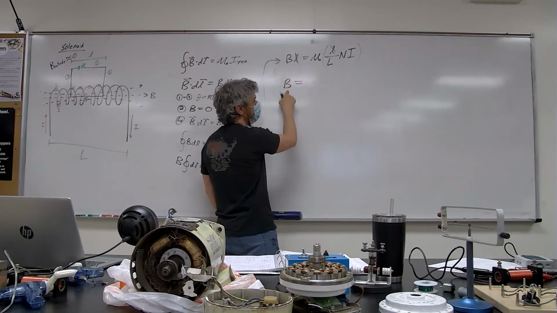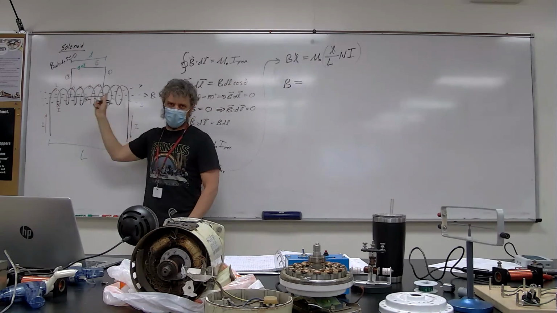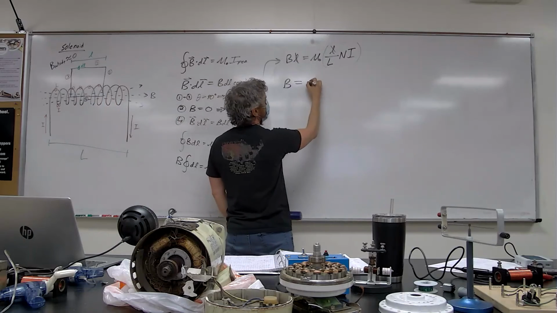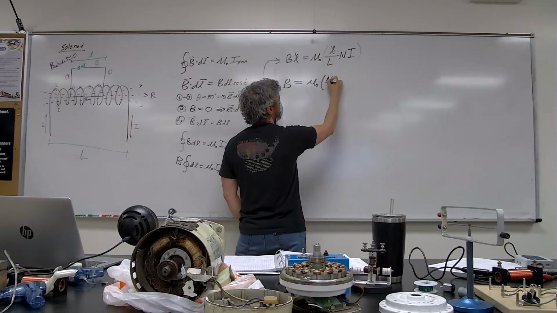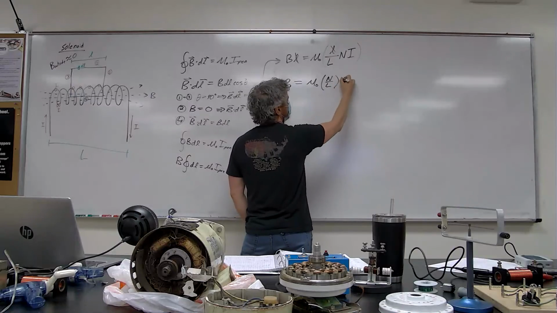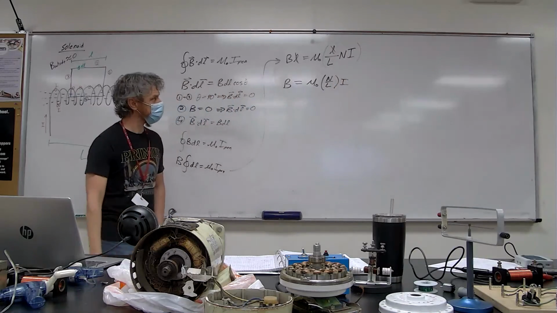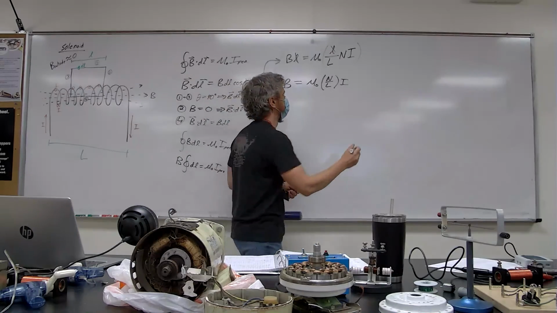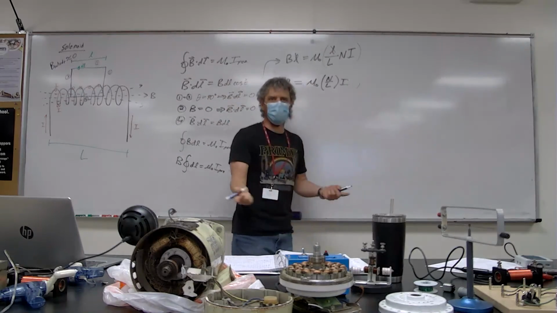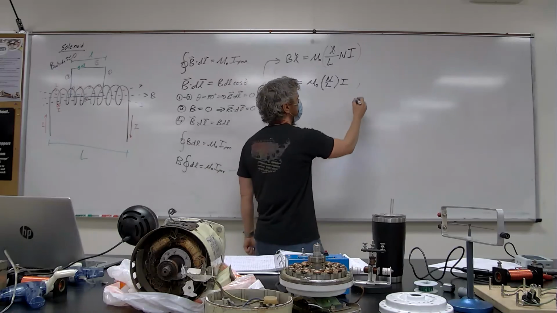So the magnetic field strength in the center of a solenoid is going to be mu naught, and I'm going to write it like this, times N over L times the total current in the wire. And then I'm going to define N over L as just the number of loops per unit length, right?